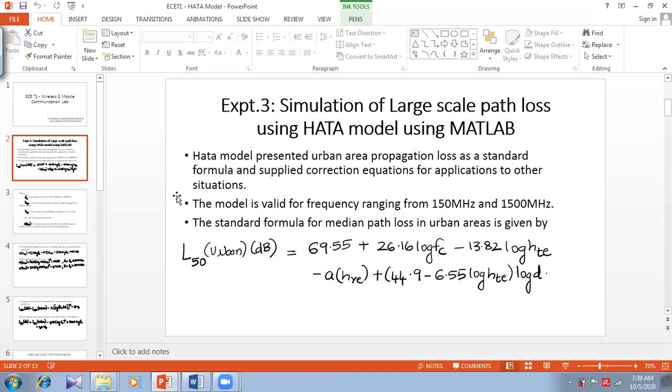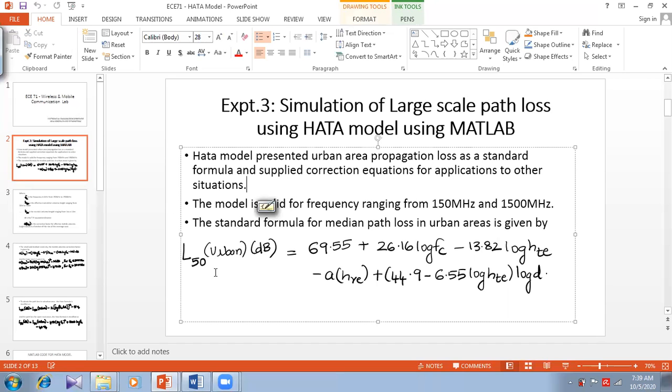What did Hata do? Hata introduced an equation and he made it completely mathematical. It did not have any graphs to be used to find any value. Nothing of that sort was required. The Hata model represented the urban area propagation loss as a standard formula and supplied correction equations for application to other situations. The equation he first laid down was for urban area.